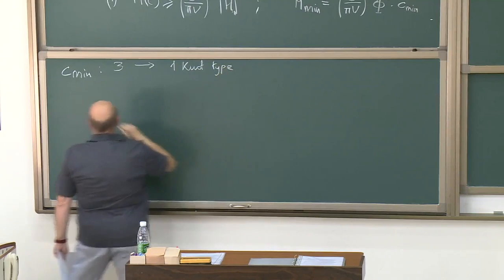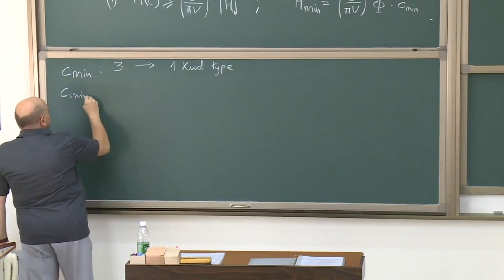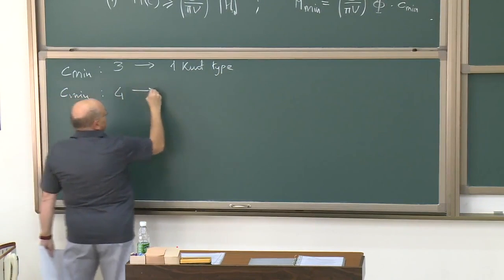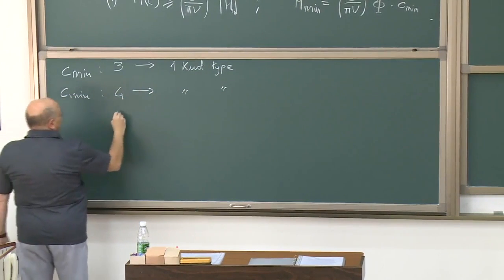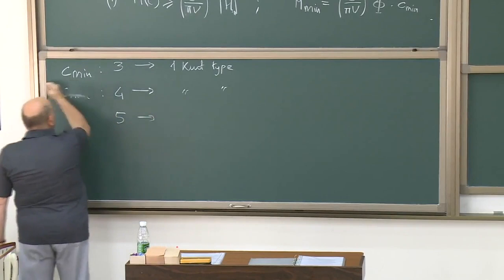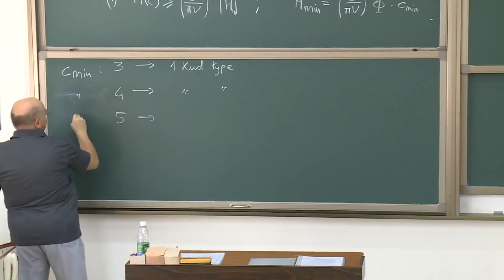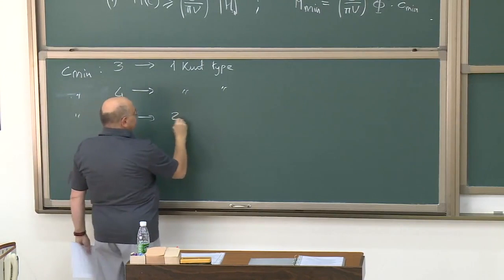But for 5, we have already 2 knot types.